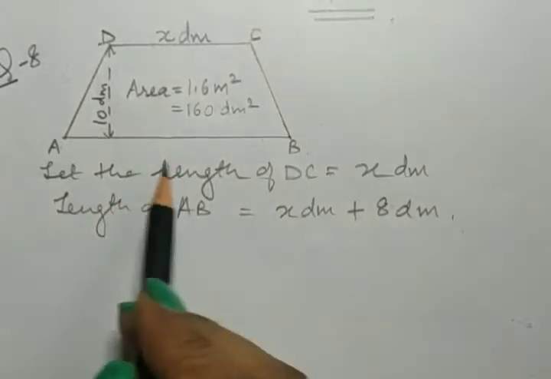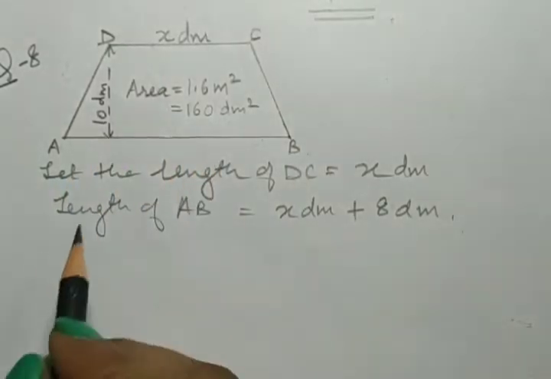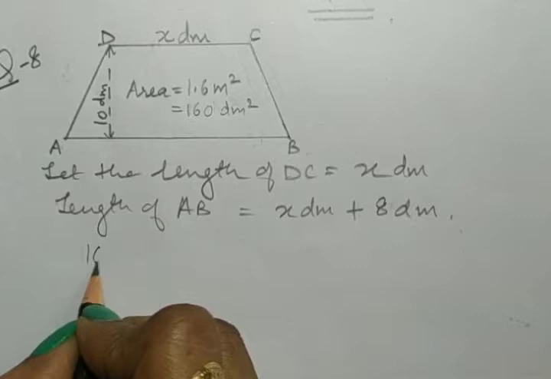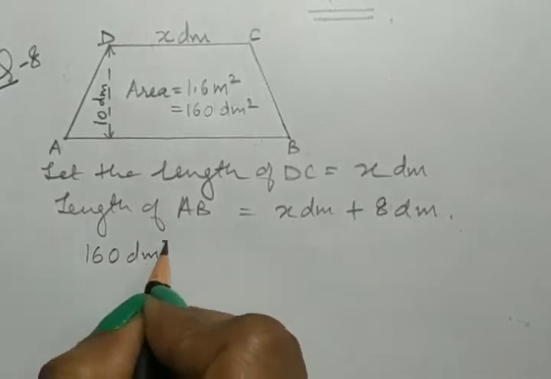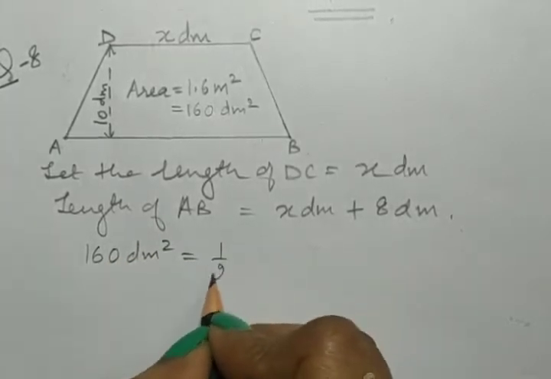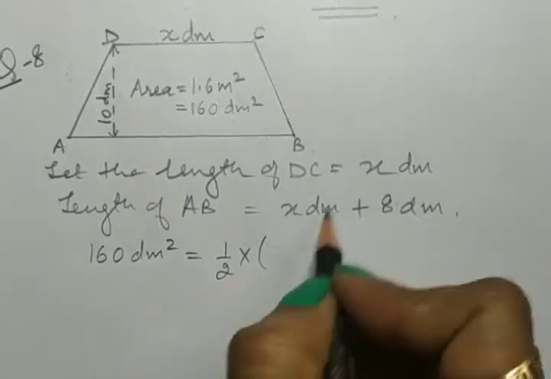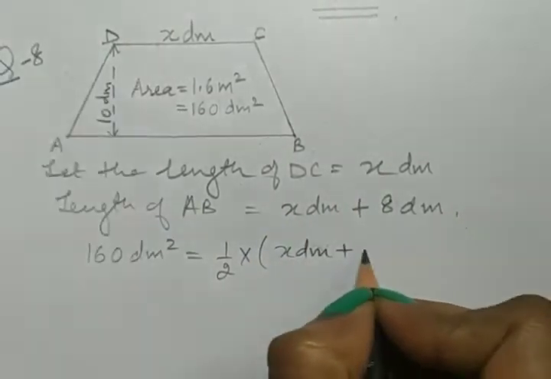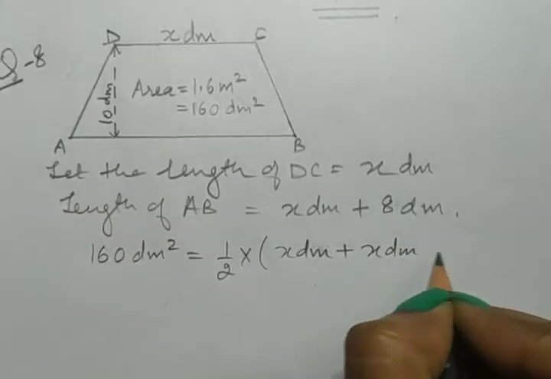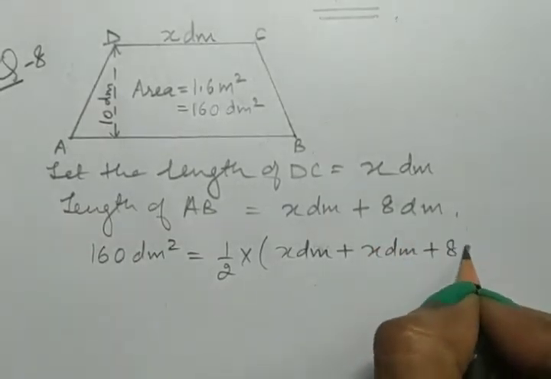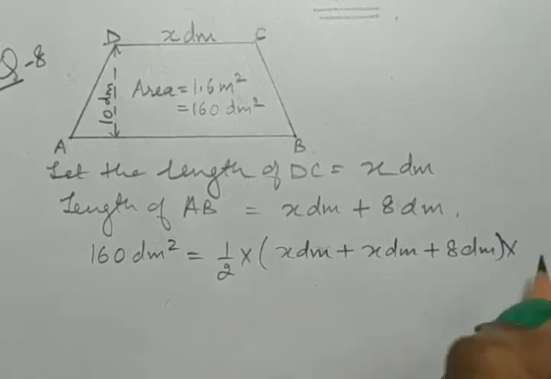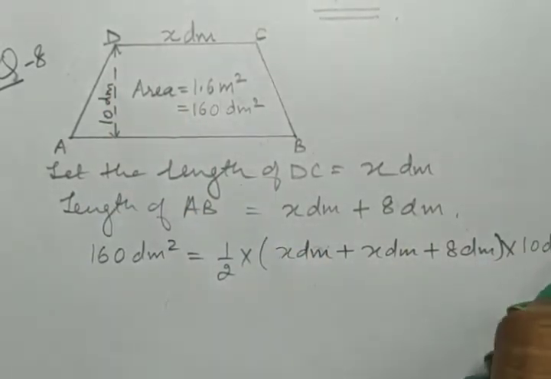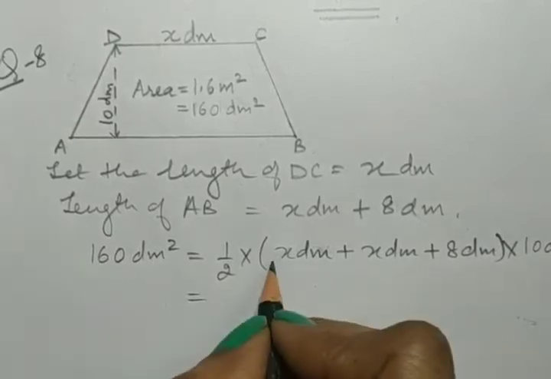Now put all these values in the formula to find the area of a trapezium. Area of a trapezium is 160 decimeter square is equal to half multiplied by sum of two parallel sides, that is x decimeter plus x decimeter plus 8 decimeters multiplied by height, that is given 10 decimeters. Solve this.